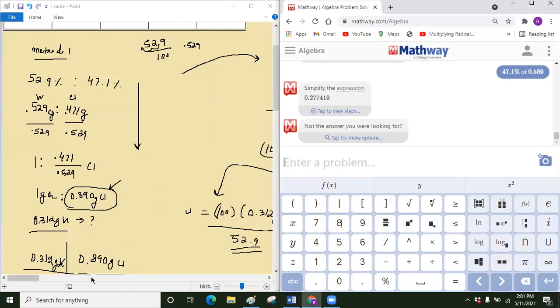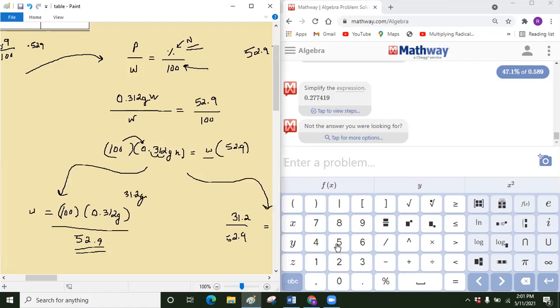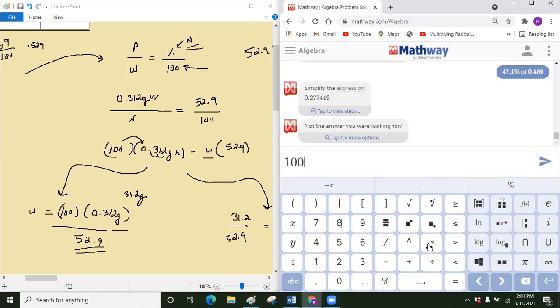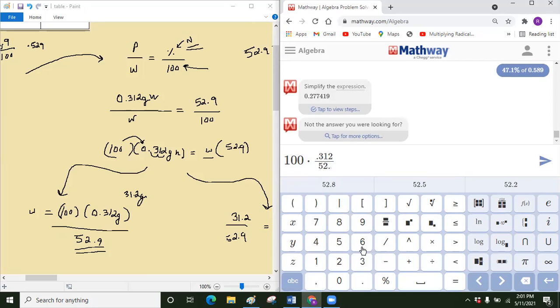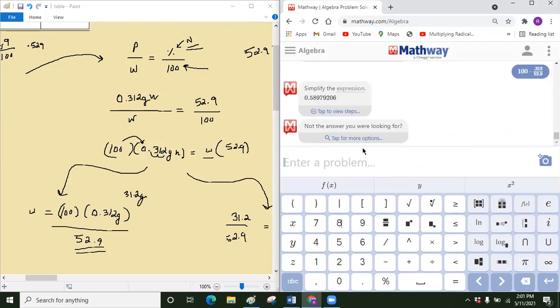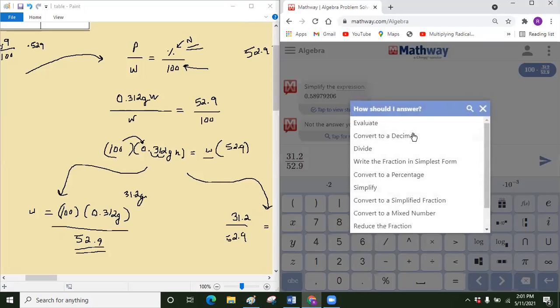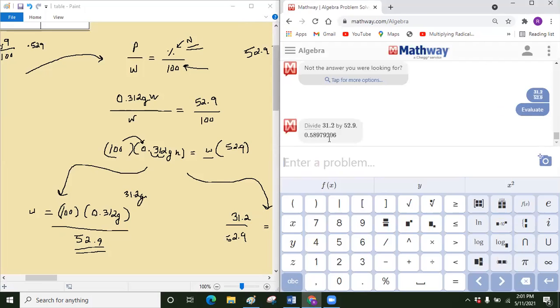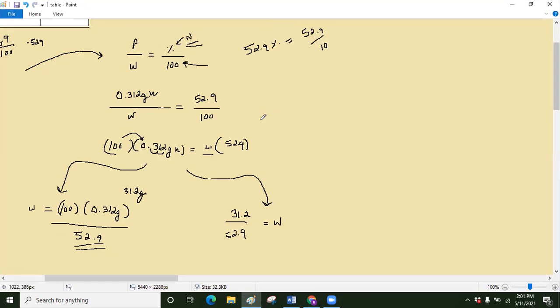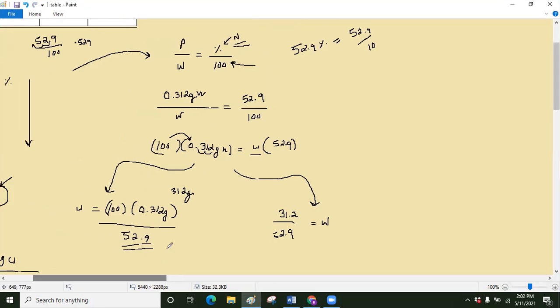So if I were to do 100 multiplied by 0.312 and divide that by 52.9, I'd get a particular amount. I'd get 0.589. And if I were to do 31.2 divided by 52.9, then I'd get much of the same thing, 0.589. So it really doesn't matter, right? You could go about it either way.